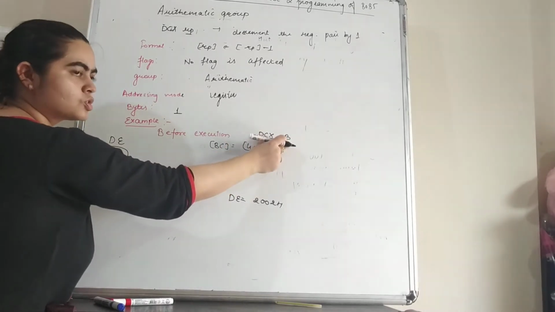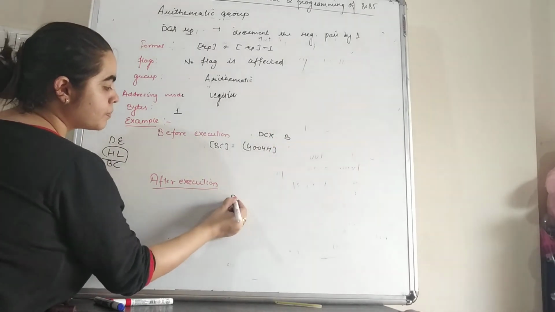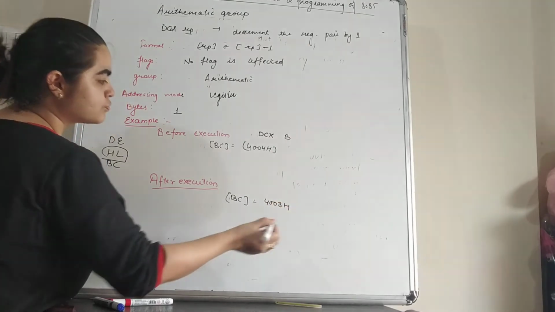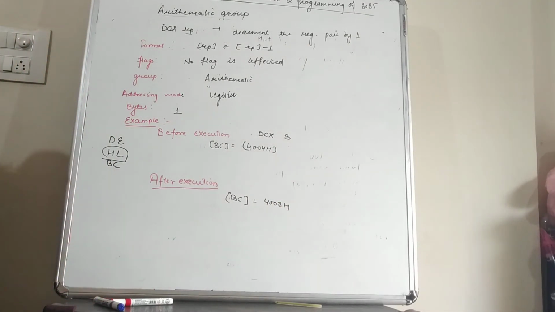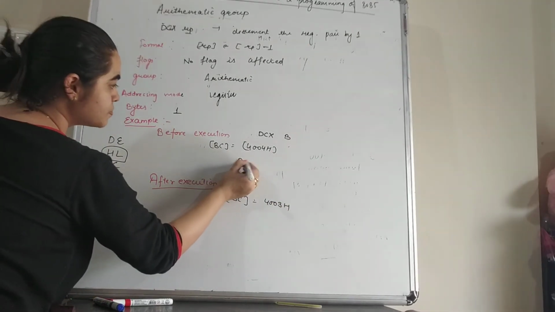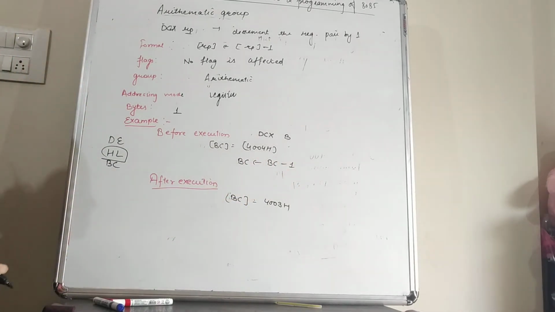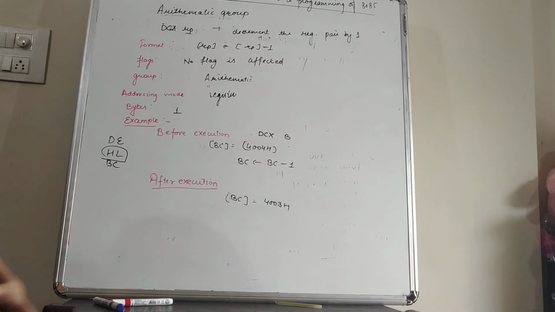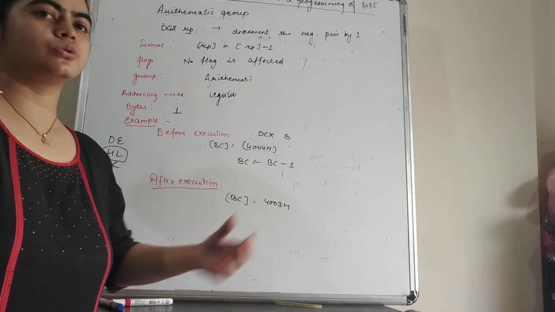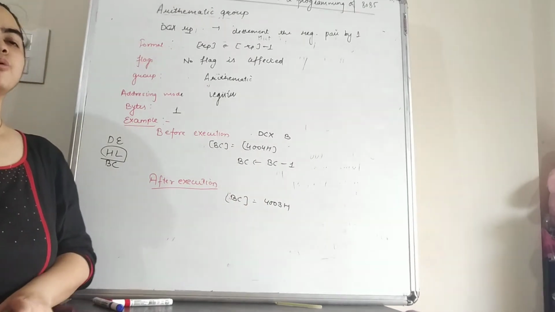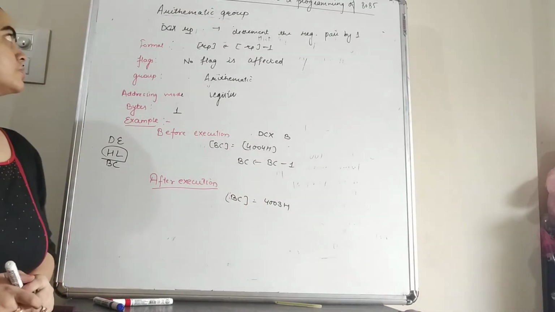After the execution of this instruction, the BC pair points to the memory location 4003H. So BC is BC minus 1: 4004 minus 1 is the new memory location 4003H. So now the BC pair points to the memory location 4003H.